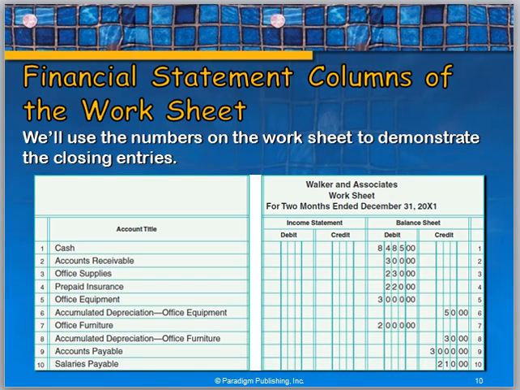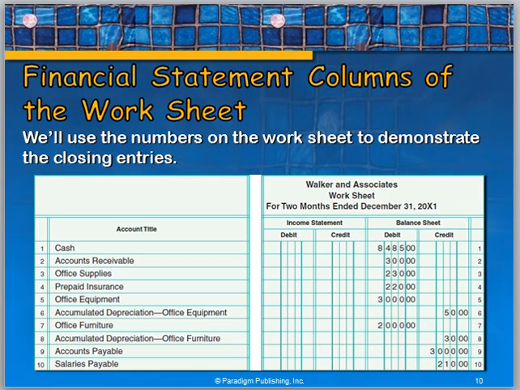So, the worksheet that we worked on in Chapter 4, and you can see on page 179 in your book, and there's a short shot of it here on your screen, is a good tool, in fact, the perfect tool, for preparing closing entries.